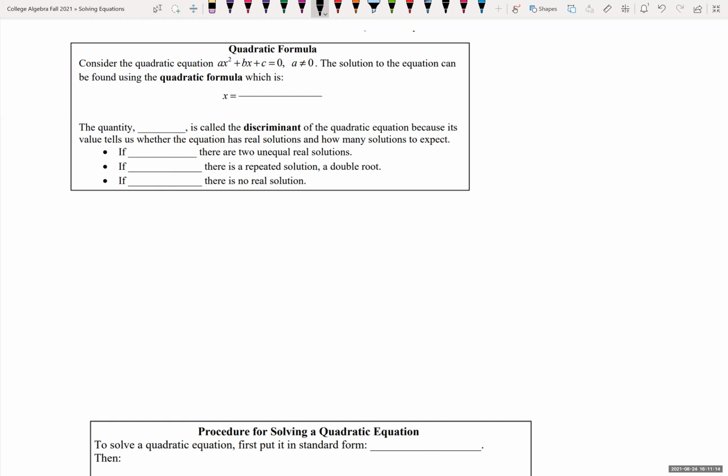We know it's in the form of ax squared plus bx plus c equals 0, where a can't be 0. We saw that the solution to that quadratic equation can be found using the quadratic formula. And that quadratic formula again is x equals negative b plus or minus the square root of b squared minus 4ac all over 2a.